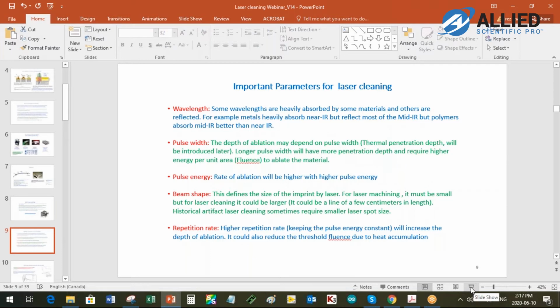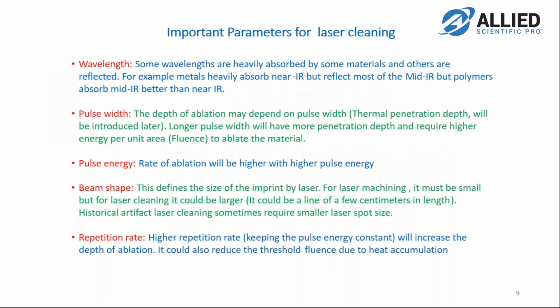And let's move on with the important parameters of the laser cleaner. Some parameters are quite important for laser cleaning, and one of these is the wavelength. Some wavelengths are heavily absorbed by some materials, and some others are not absorbed.